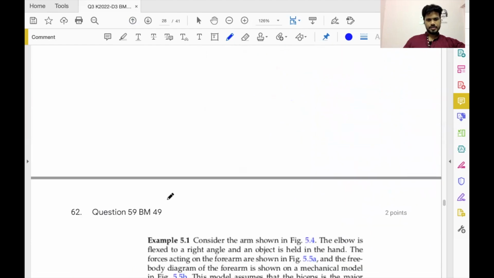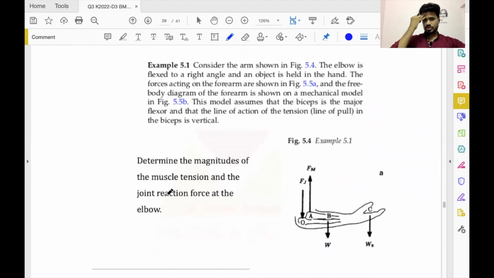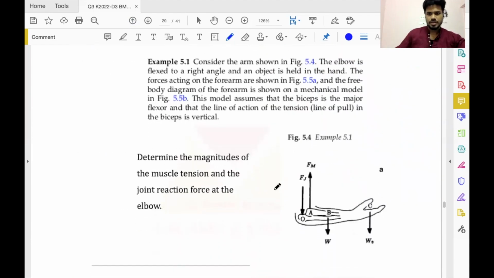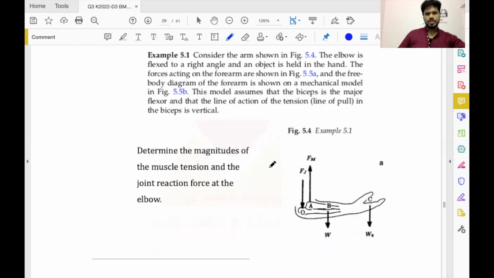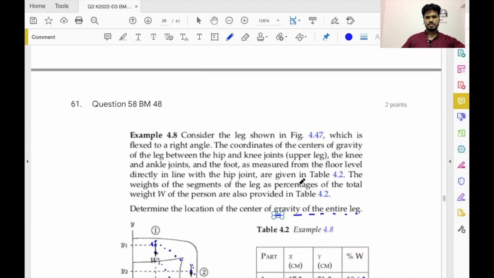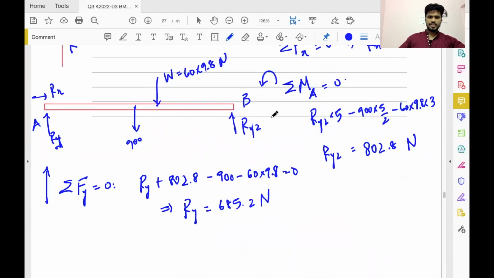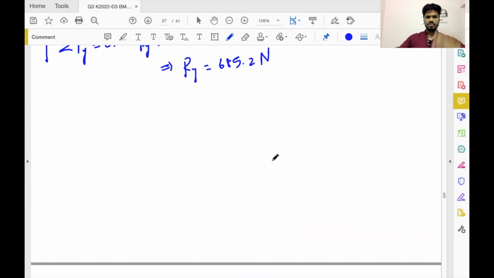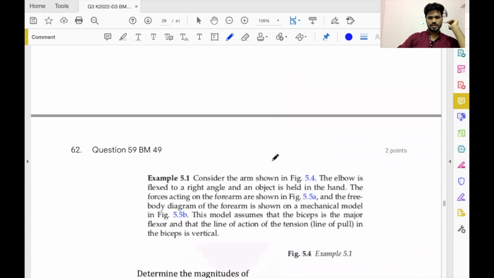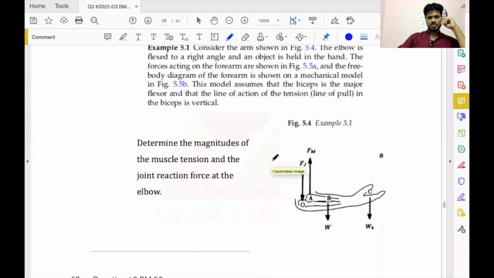Okay. Consider the arm shown in this figure. Elbow is this, flex to the right. Notice, here is one example where we did the entire free body diagram and solved it. Here they gave you the free body diagram, just solve for that. Suppose the values are not given here.